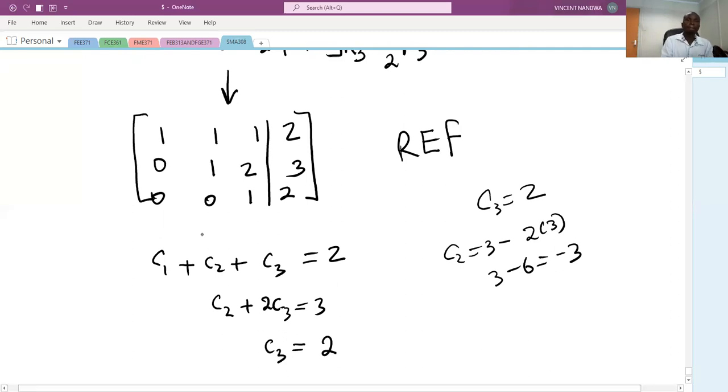So this is C1, and then 2 times 2, because C3 is 2. So this is 4.